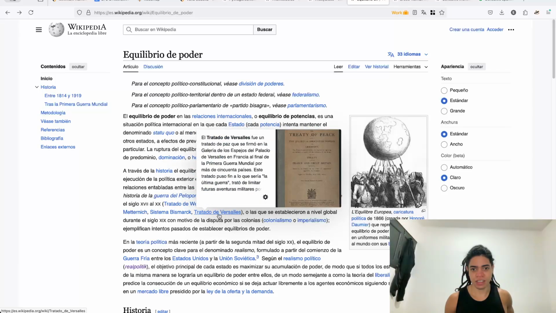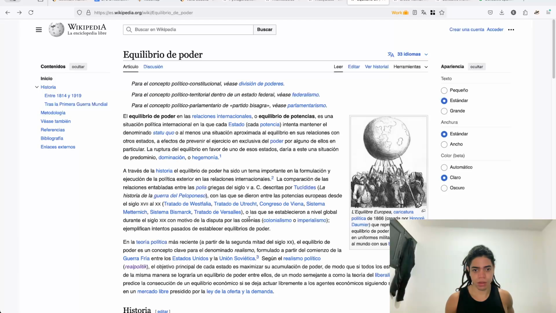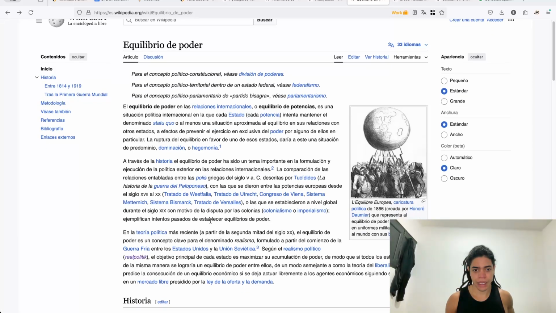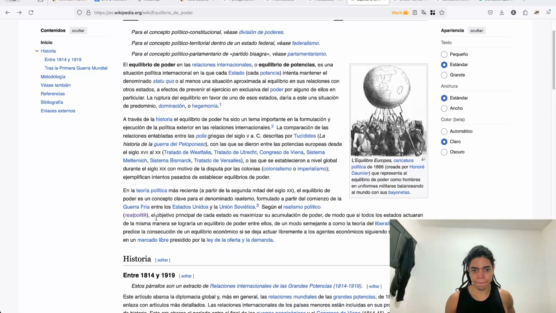Tratado de Versalles. Realpolitik. The main objective of the state is to maximize the power accumulation.